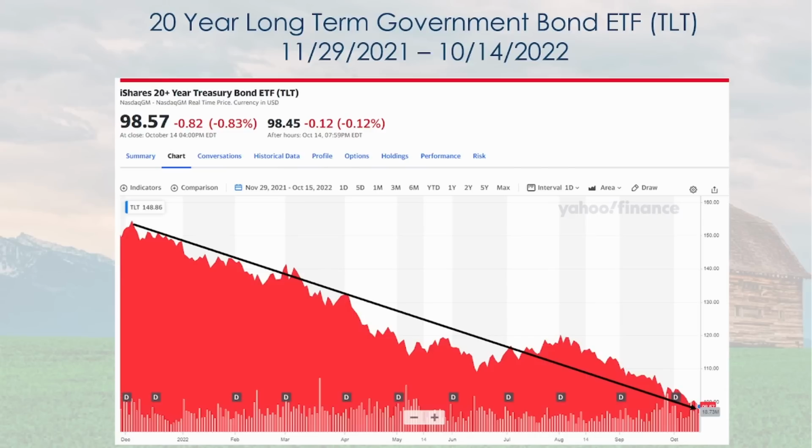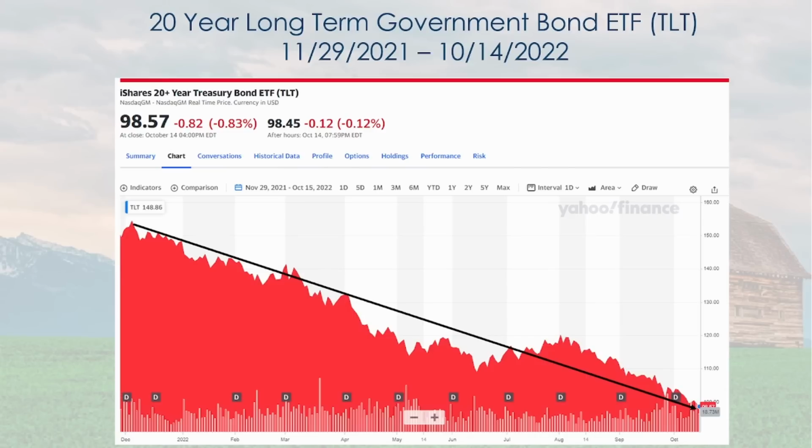This is the ETF, TLT. There are intermediate-term bonds, IEF, and short-term bonds, SHY. And there are corporate bonds, high-yield bonds, various kinds of bonds, and they're all down, some more than others, some less than others, but this is definitely used in portfolios quite a bit.